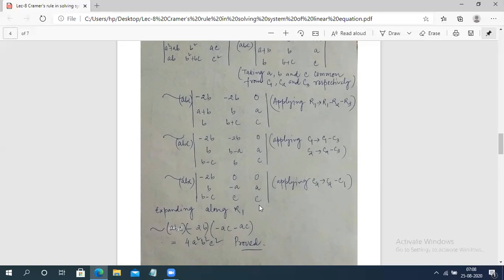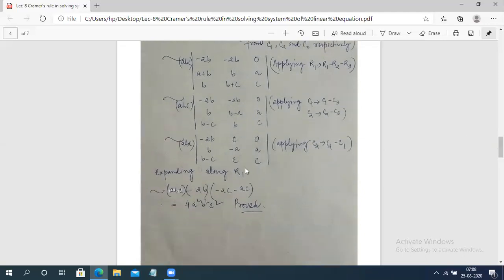Now you can see that there are two zeros in the first row, so expand this determinant along R1, that is the first row, and we'll have this determinant value abc, and then minus 2b into, ignoring this particular row and particular column, we have minus ac and minus of again ac.